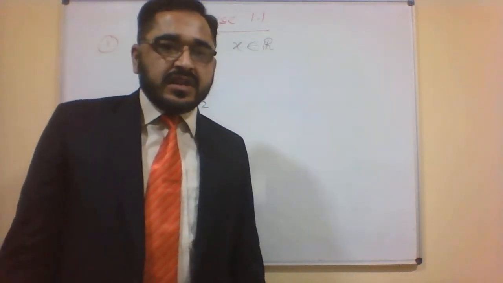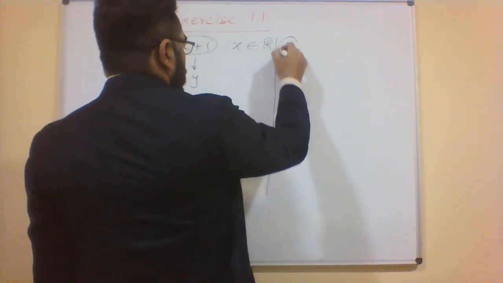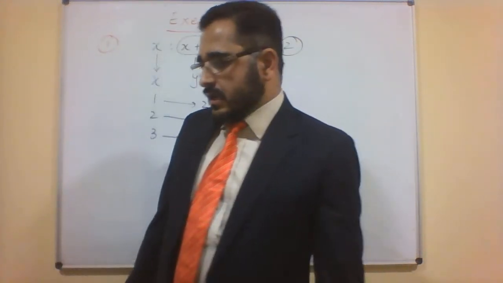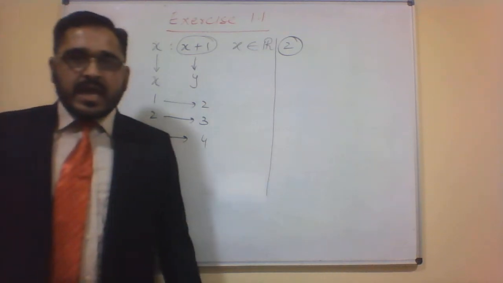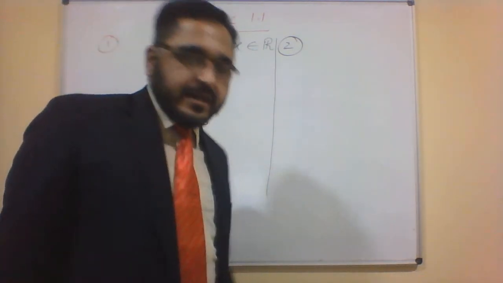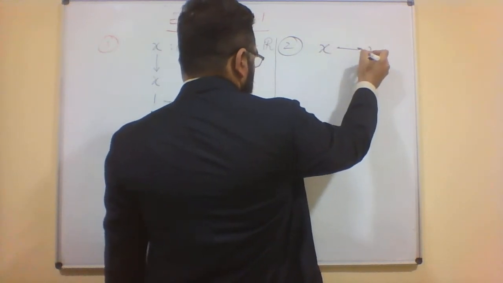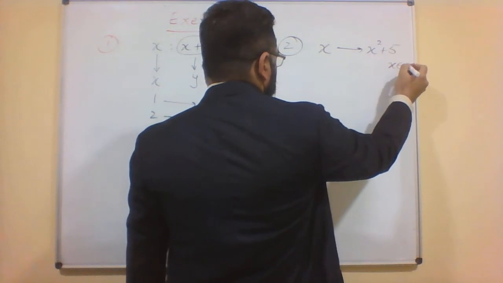Now question number 2: x maps to x square plus 5, where x belongs to the real numbers.